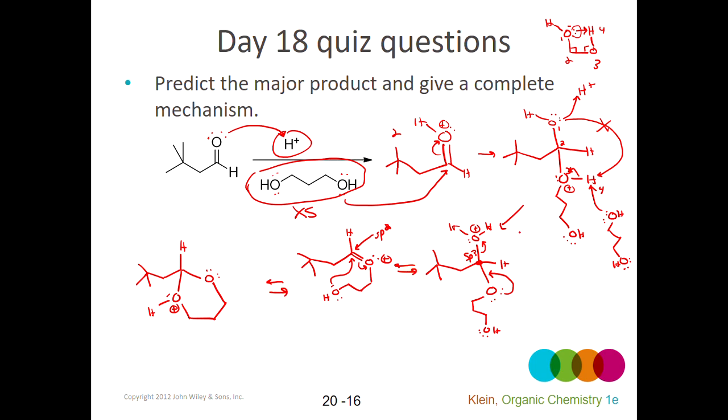Technically, these should all be shown as equilibrium arrows. So this molecule we could show picking up this proton, these electrons staying behind there, and that would give the acetal, the cyclic acetal product.